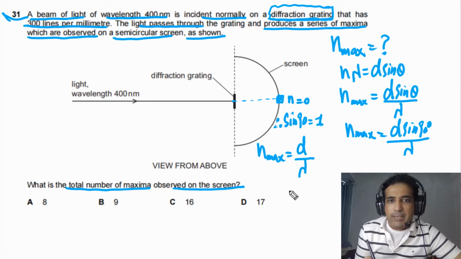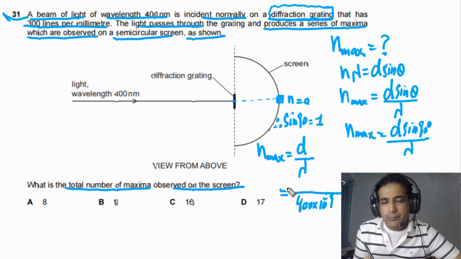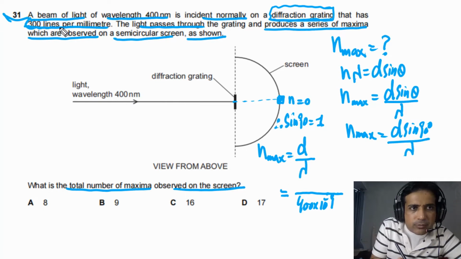We have the value of lambda, so we can plug it in. Lambda in this case is equal to 400 nanometers. Now we need to plug in the value of d. For this question, the number of lines per millimeter is given. So this is the value of n, and we can write n is equal to 300 lines per millimeter.